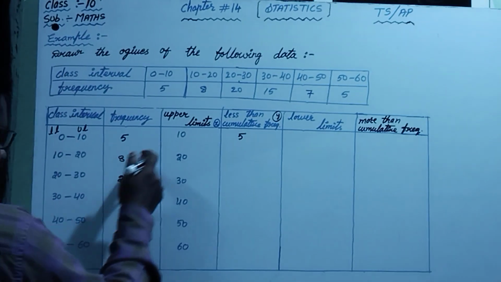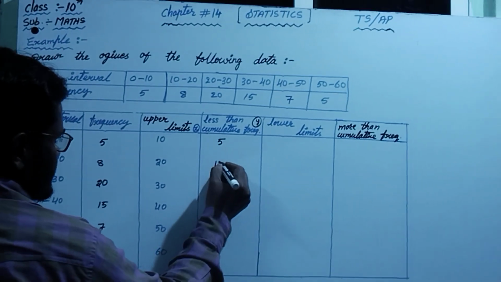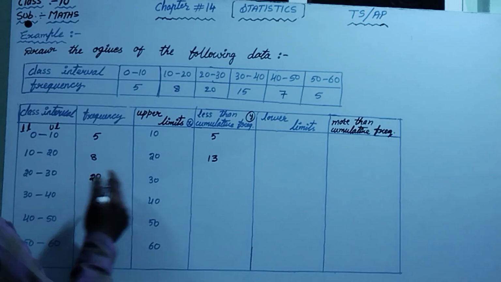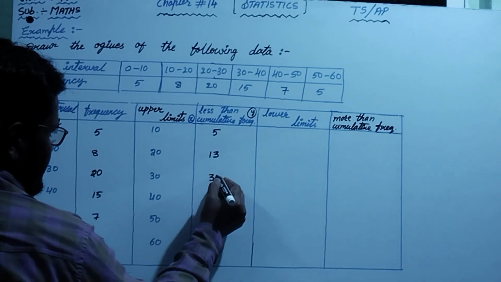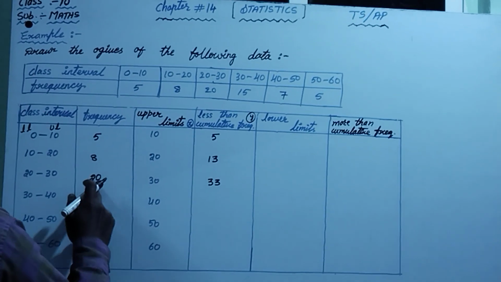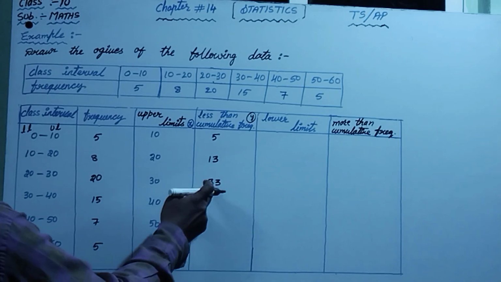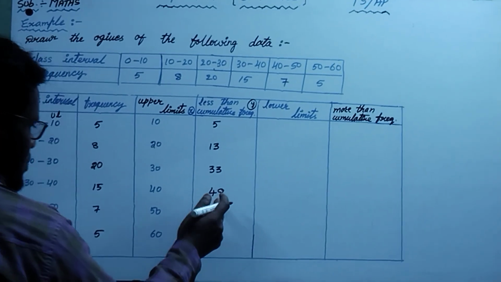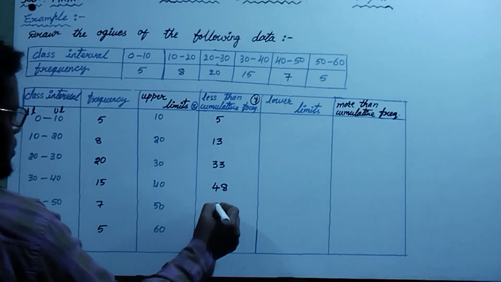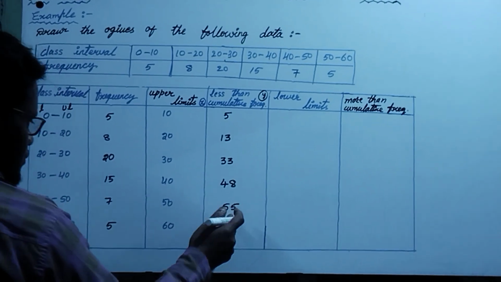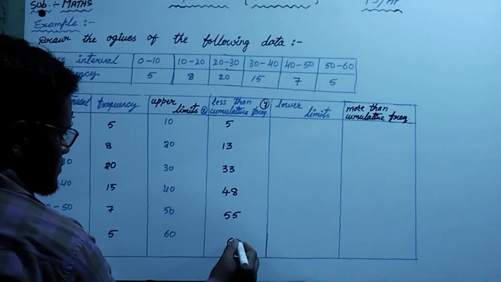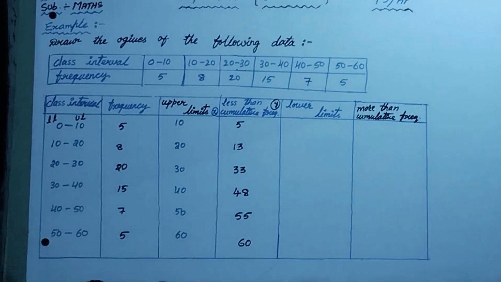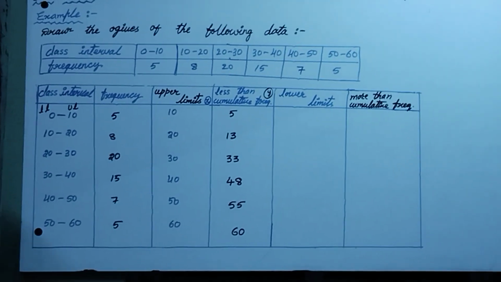Then 5 plus 8 is 13. 13 plus 20 is 33. Then 33 plus 15 is 48. 48 plus 7 is 55. 55 plus 5 is 60. Any doubts? Understood? Next.